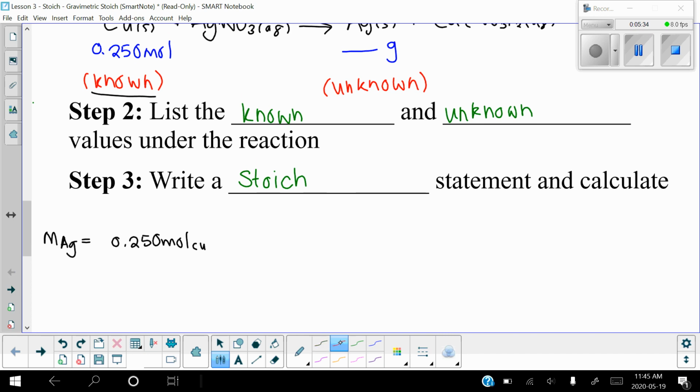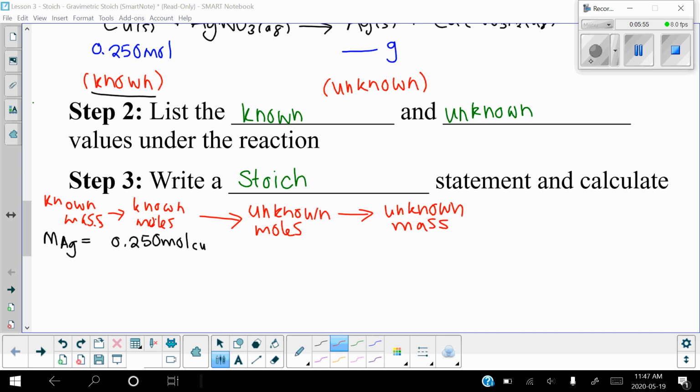So we go from mass of known to known moles. Okay, so here's the flow chart that I talked about above. You don't need to use the flow chart every time, but I'm just showing it in the early stages so you can see what's happening.